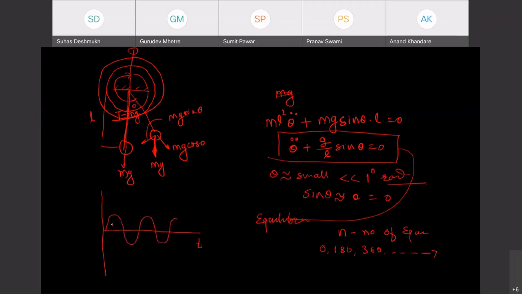If my angle is here, 360 degree or something, it will not settle down with your pendulum in the upright position, but it will come back here and oscillate here. Here I may have 180 degree.